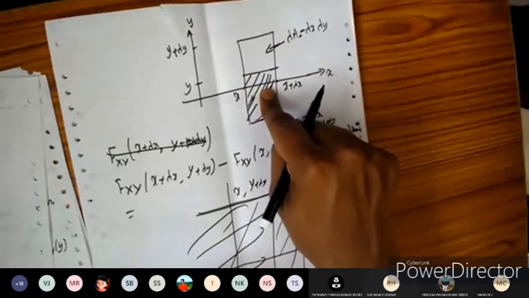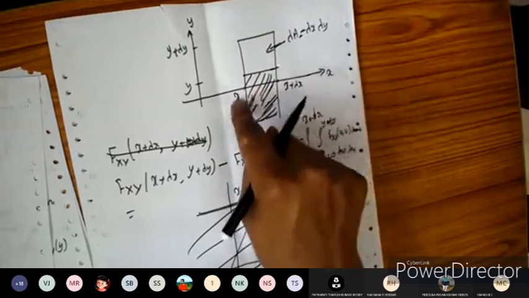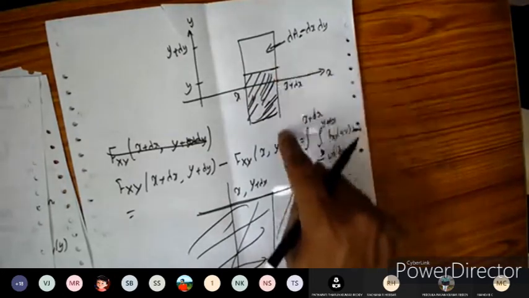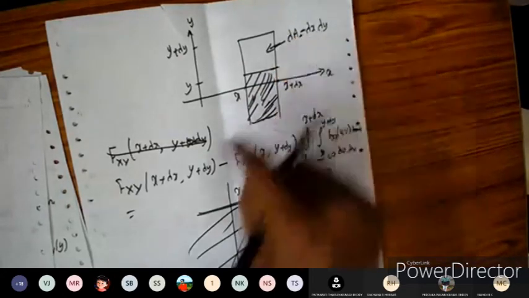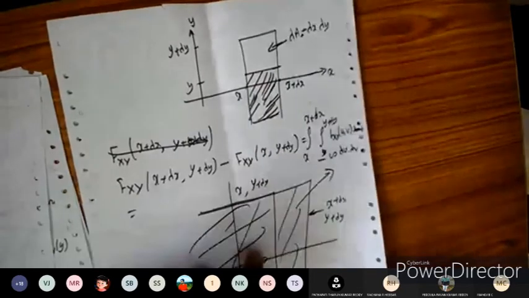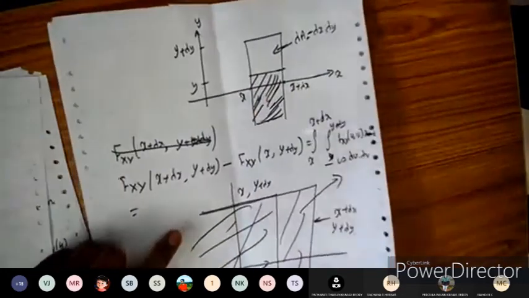The shaded portion, if I want to remove it, will be the area from x plus dx up to x, and y up to minus infinity. If I subtract this with y minus dy, I get the area. So the next equation I define with respect to this shaded portion of the area, like this.